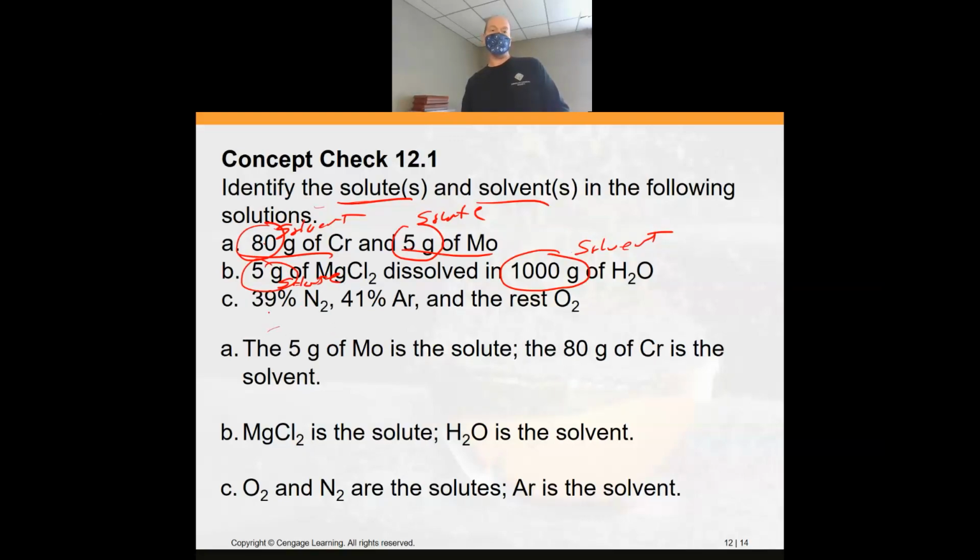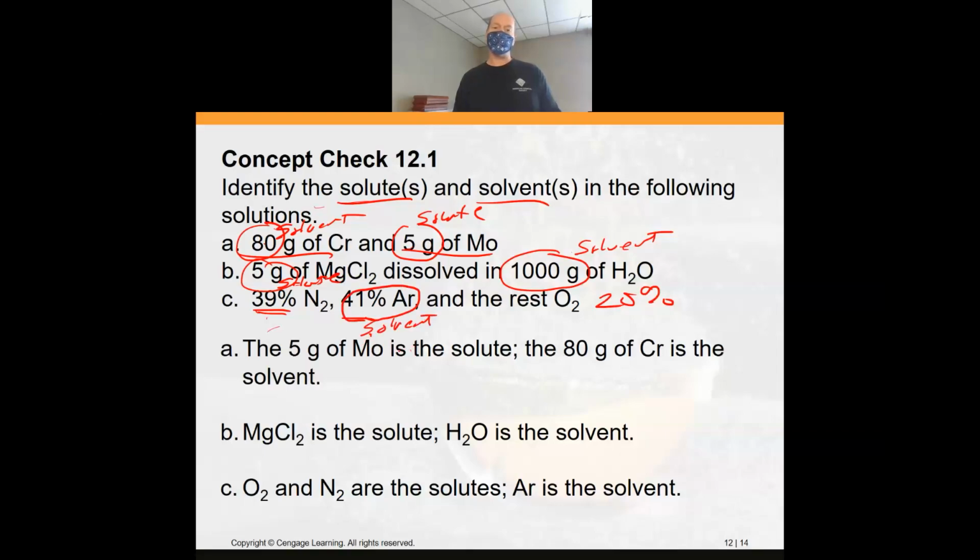This one is the one I was talking about before. We have 39% nitrogen, 41% argon, and the rest is oxygen, which makes it 20% oxygen gas. So this has 3 things, not 2 things. Again, your solvent can only be 1, and it is the one in the highest percent. So argon here is the solvent.